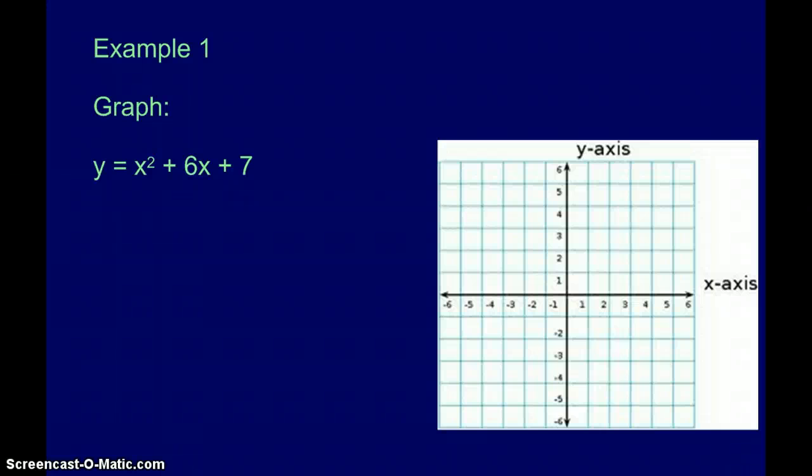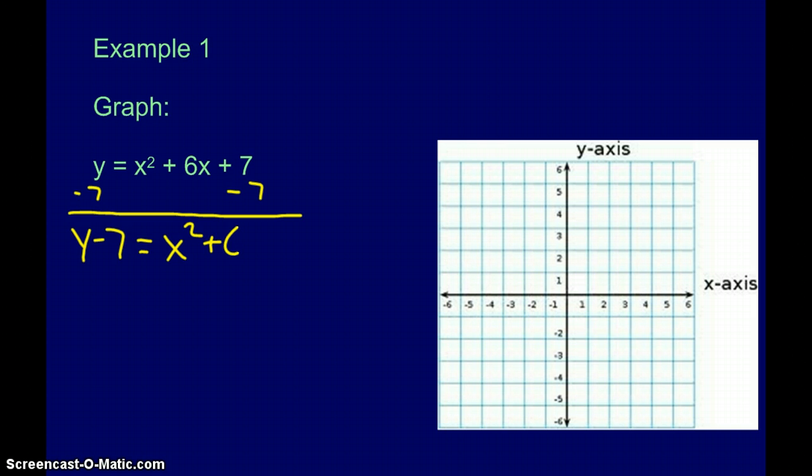So to begin with, when I complete the square, I need to create our blank situation. So I need to subtract 7 from both sides, which gives me x squared plus 6x plus blank. I created that blank situation so I could complete my square. And when I complete the square, we said I always take half the middle term and square it. So I added 9.